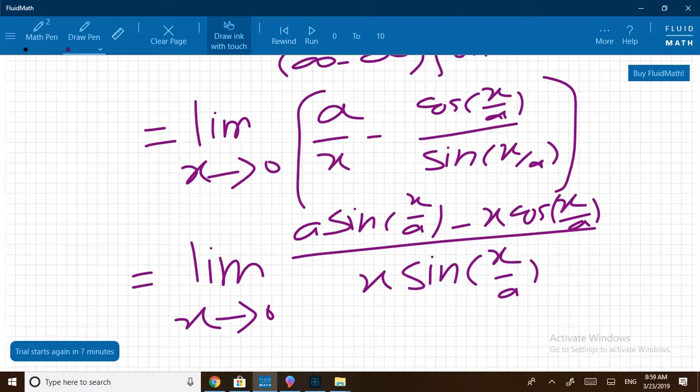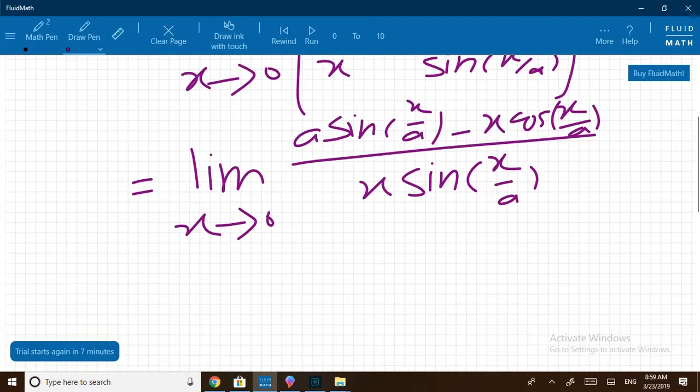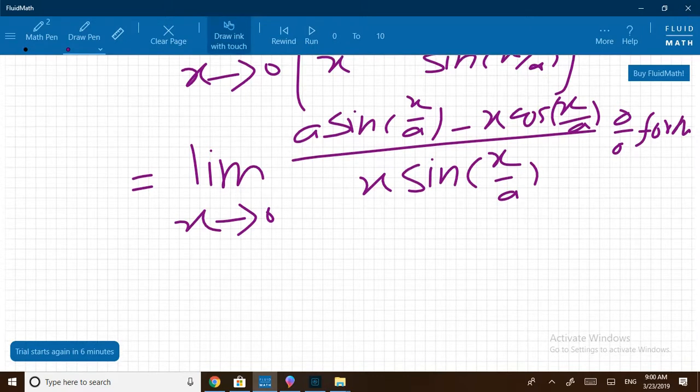Now if we check, sin 0 is 0 and x into cot is 0, so it is again 0 divided by 0 form. Since it is 0 divided by 0 form, we apply the L'Hopital rule.